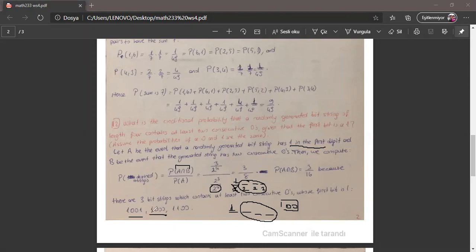Here the first digit is again 1, and it's the same. And here we have at least 2 consecutive zeros, and here as well. So we have 3 over 2 to the 4, again the total number of bit strings of length 4. So we have this number as the probability that we desired.